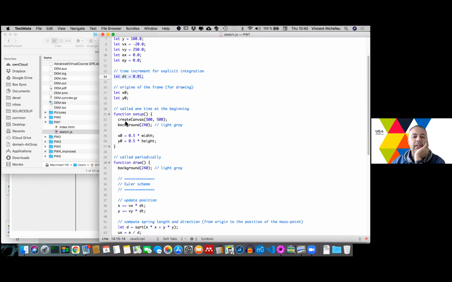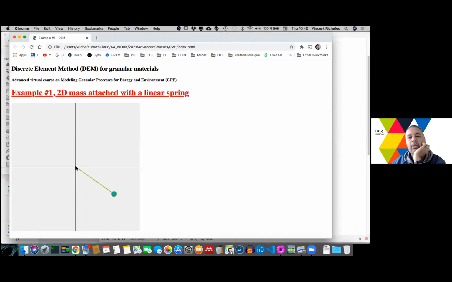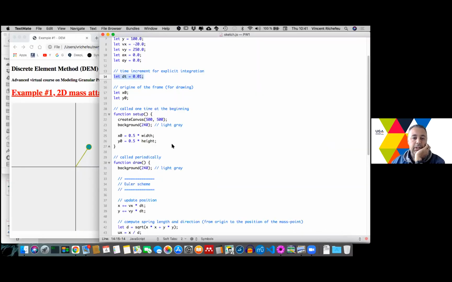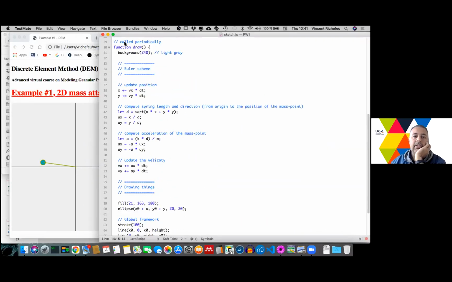So at the beginning, I just create my canvas, clear the background, and set a position where the 0, 0, the origin will be. Then in my periodically called function, I will perform my Euler scheme for integrating.